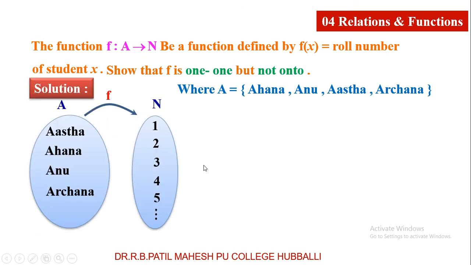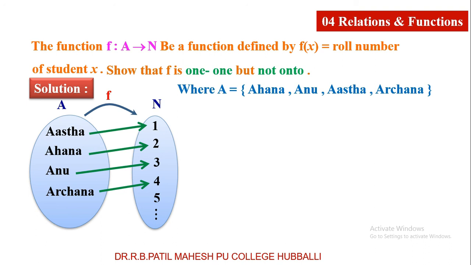Names of the students, that is Ahana, Anu, Asta, Archana, and the set N is the set of natural numbers. Now here Asta is assigned roll number 1, Ahana roll number 2, Anu roll number 3, Archana roll number 4.